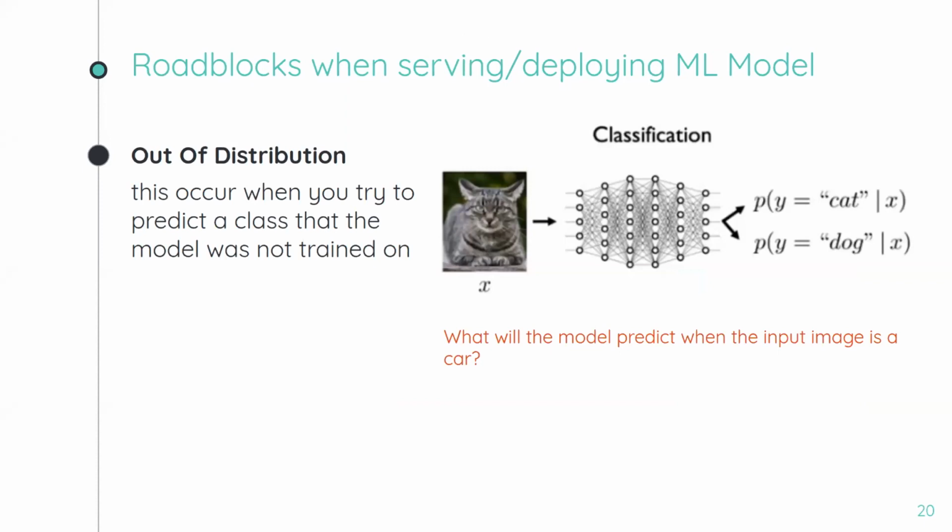What is it going to predict? In machine learning now, it's still going to predict either cat or dog. So you put in a car, and it's going to tell you, hey, this car looks like a dog or looks like a cat. But normally, in deploying machine learning, we need to be able to tell our user, hey, I only know how to predict cats and dogs. I don't know how to predict a car.